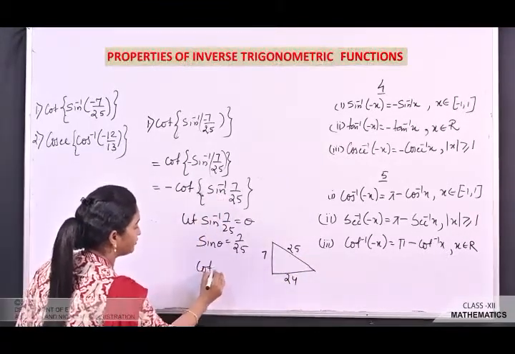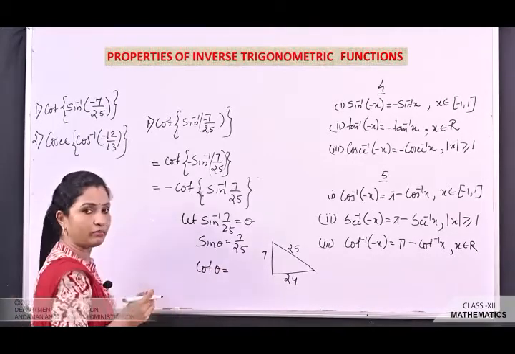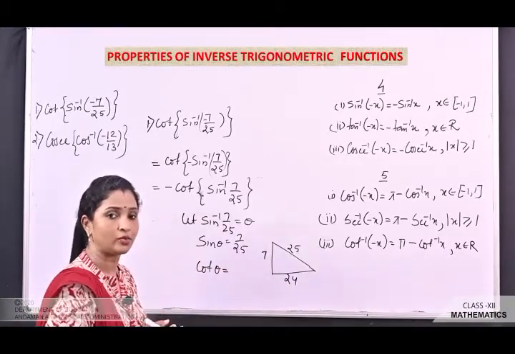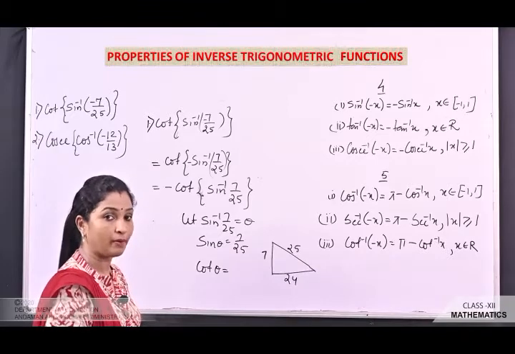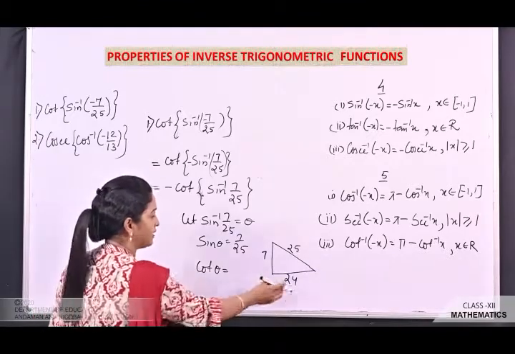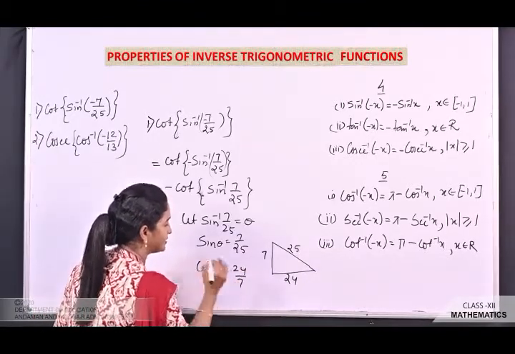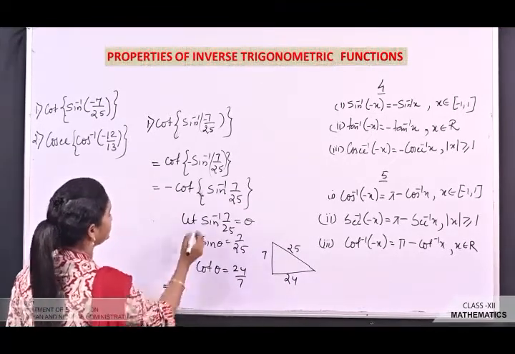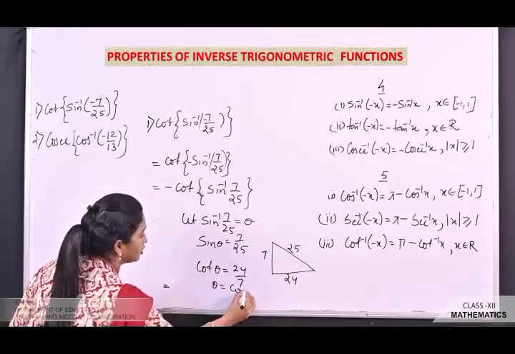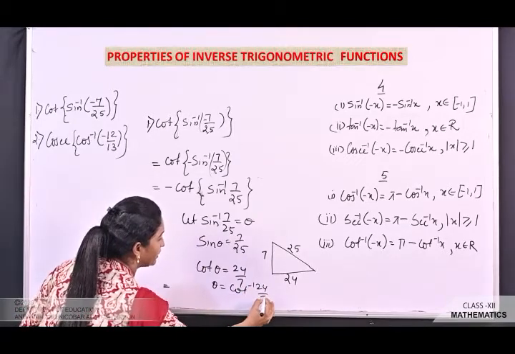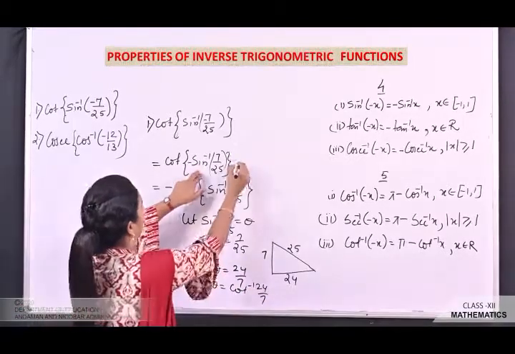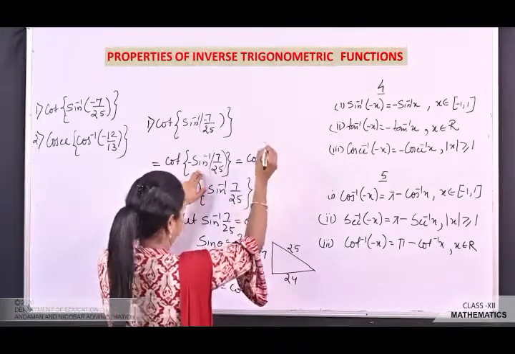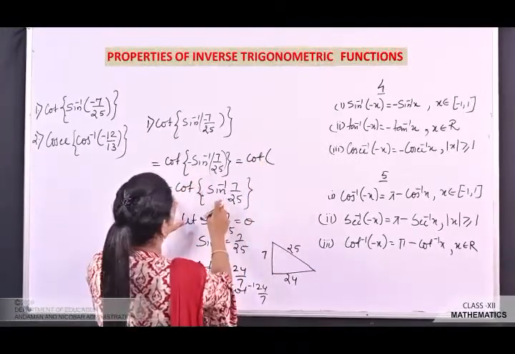So we'll first find cot theta. Cot theta is what? 1 by tan theta. Tan theta is perpendicular by base. So here it will be base by perpendicular. Base is 24 by 7. So theta equals cot inverse 24 by 7.